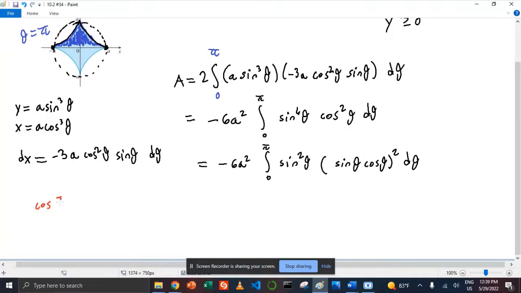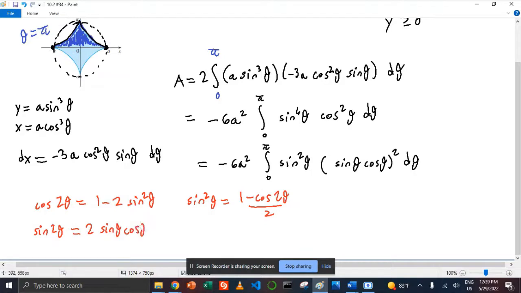Notice that cosine of 2 theta is equal to 1 minus 2 sine squared theta. So I can rewrite this as sine squared theta is equal to 1 minus cosine 2 theta over 2. And also recall that sine of 2 theta is equal to 2 sine theta cosine theta. So that means that sine theta cosine theta is equal to sine 2 theta over 2.